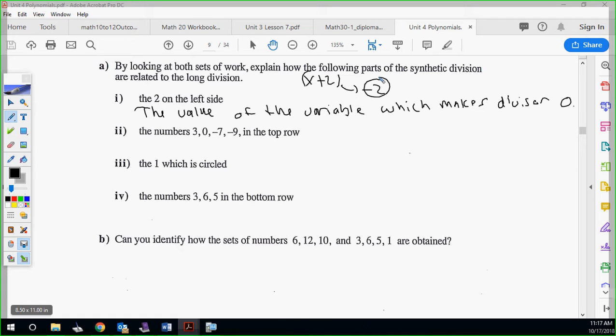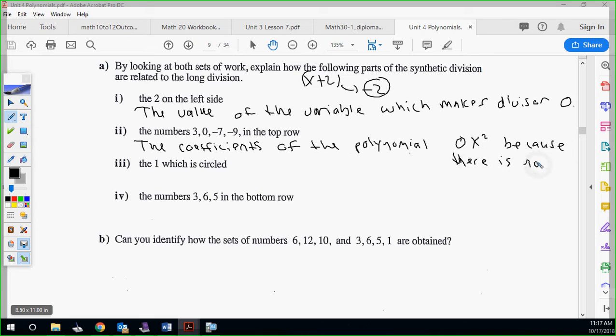The numbers 3, 0, -7, -9 in the top row are the coefficients of the polynomial. Remember, the 0 is with the x squared because there is none. You put a 0 for the x squared.